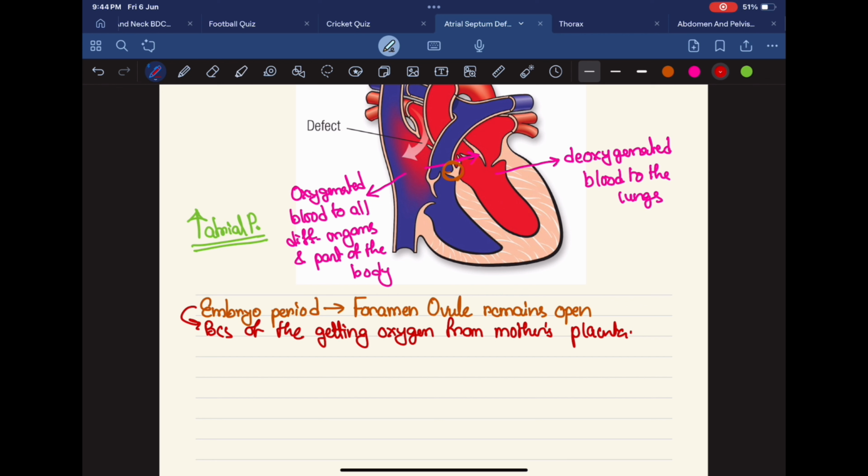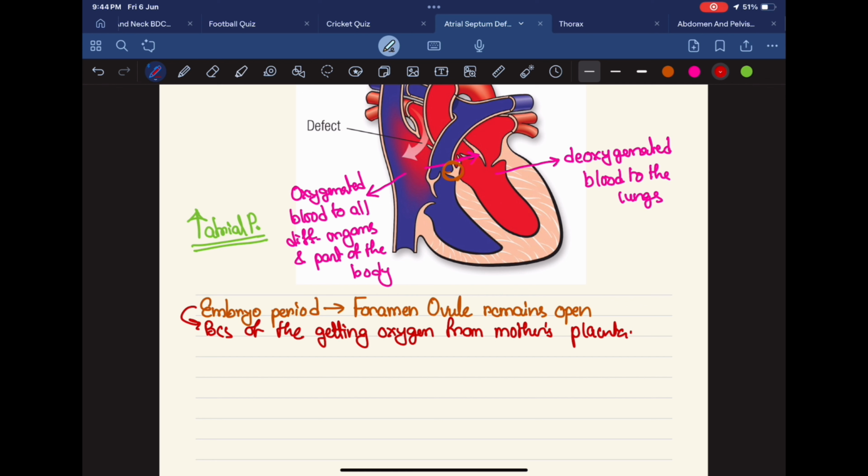But in some cases, small openings remain which don't affect the heart and are asymptomatic for a long period of time. Normally, a person can't tell if he or she has an atrial septal defect or not.